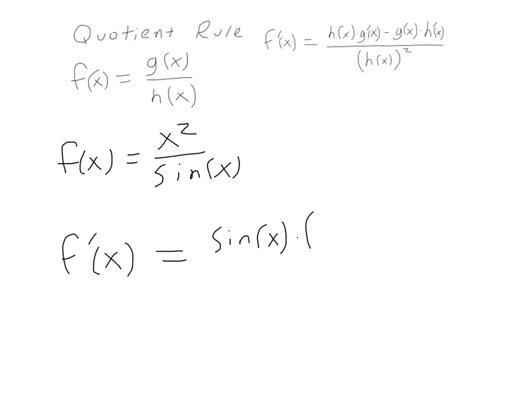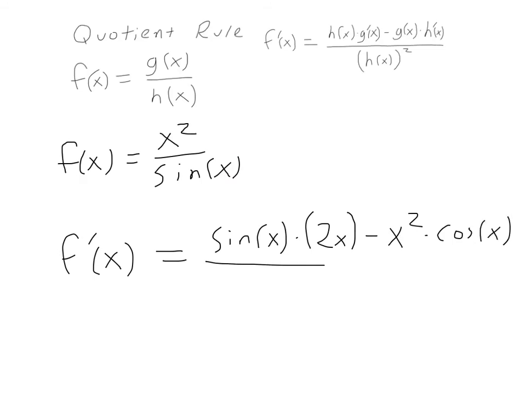So the derivative of x squared is 2x, minus high d low. My high is x squared, so that's going to be unchanged. And low is sine x, and the derivative of sine x is cosine x. So x squared times cosine of x.